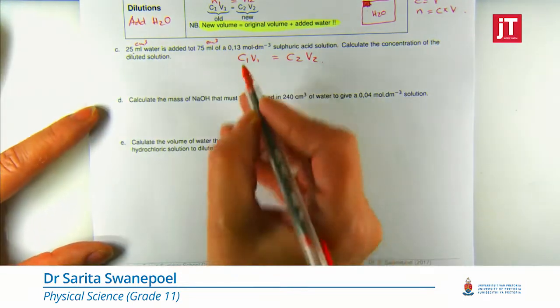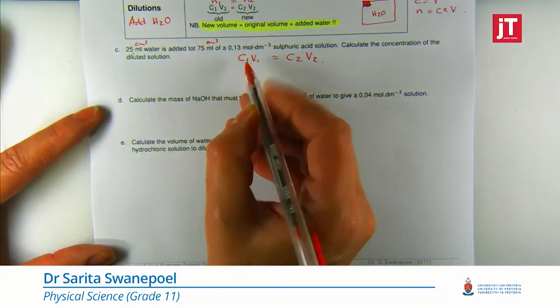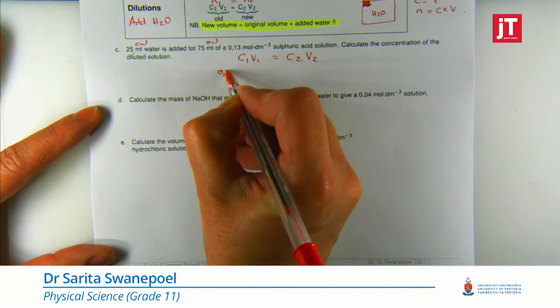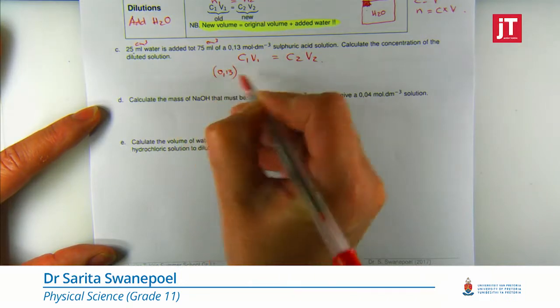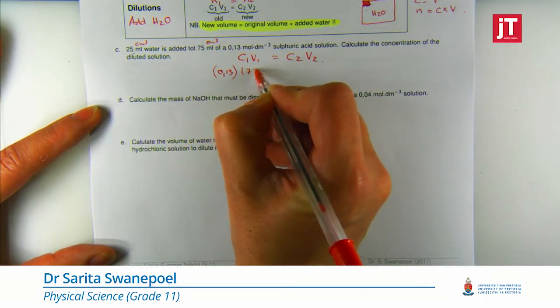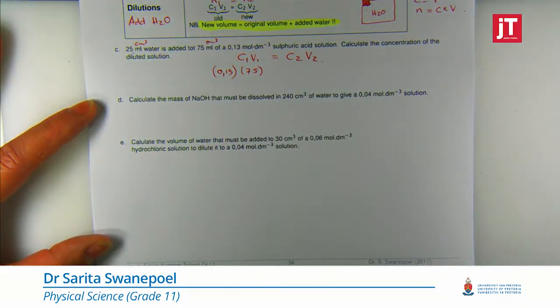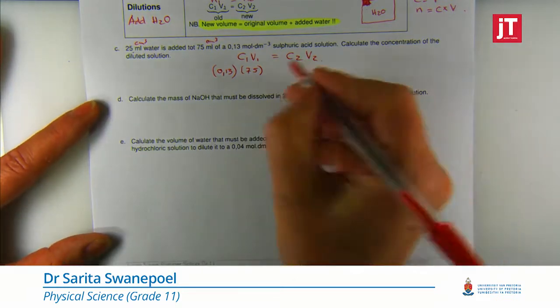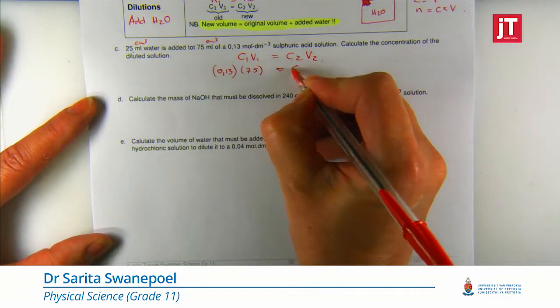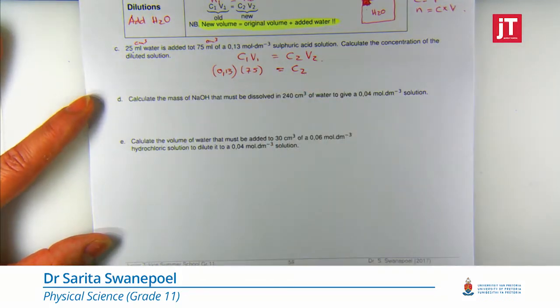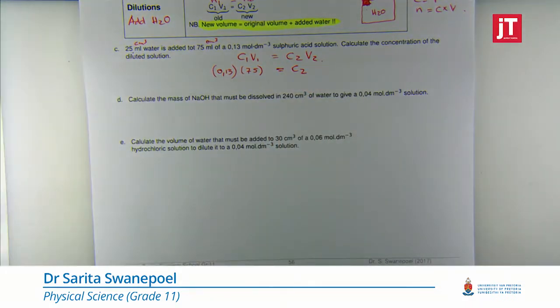Okay, so let's go on with this one. We started off with a concentration of 0.13, and we started off with 75 cube centimeters, or you can write 75 times 10 to the minus 3 if you prefer. Equal to, we're looking for the concentration afterwards. And now we get to that new volume.